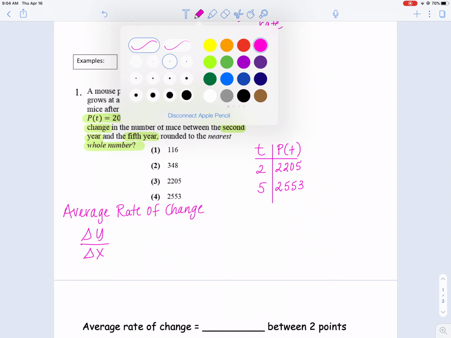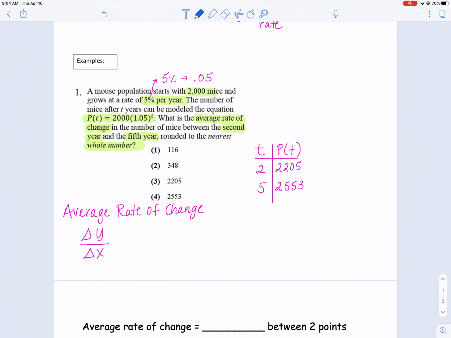So what's happening if I use a new color? What is the change in y? Take 2553 and subtract 2205. The change in y is 2553 minus 2205, which is 348.